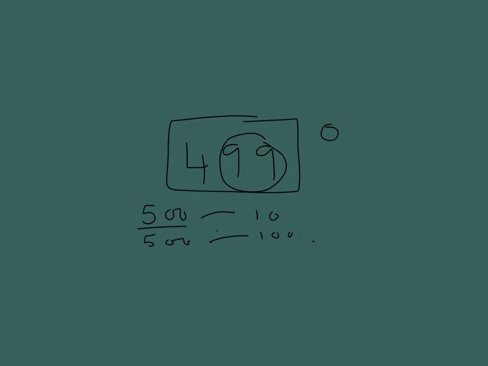Right, that's enough of approximations. Let's go into decimal places. DP means decimal place. So I'm just going to draw something here. Very tiny. And this is 1. And this is 2.